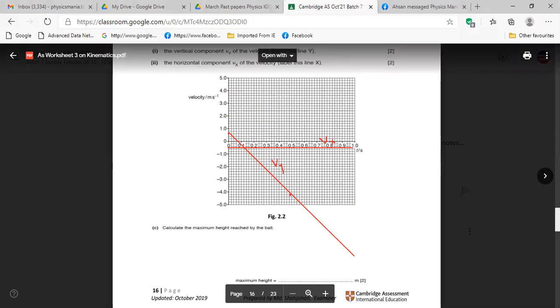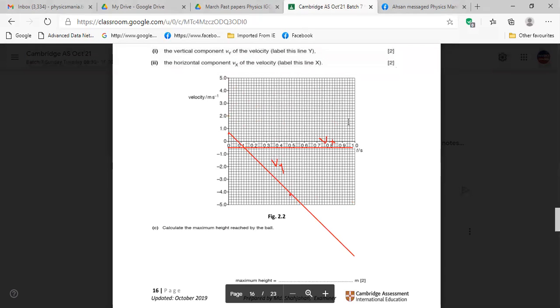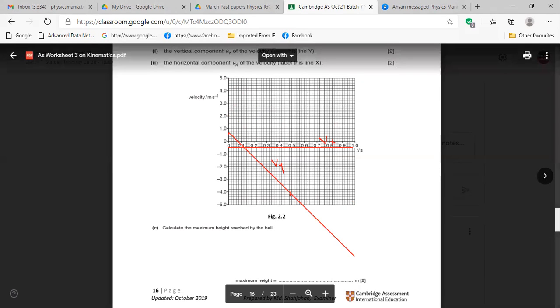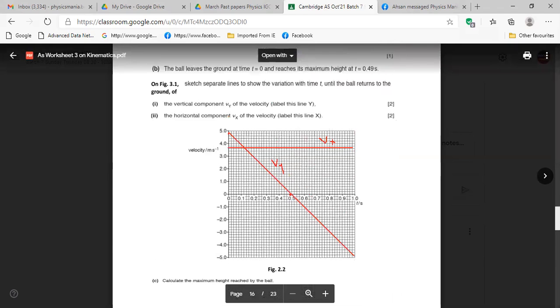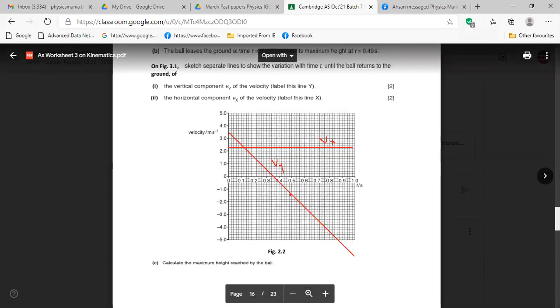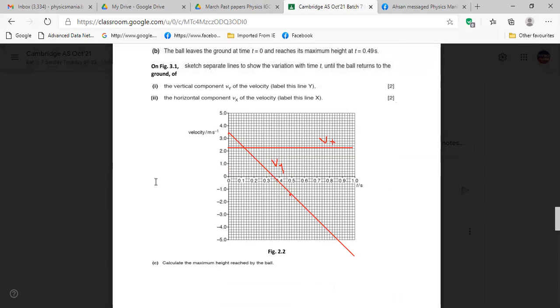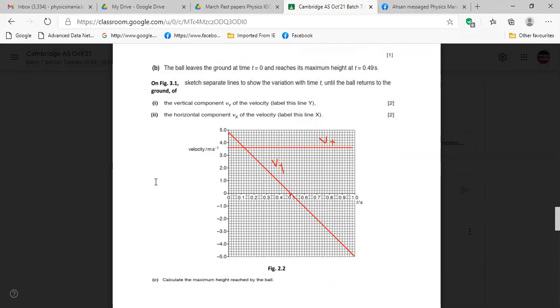Sir, I am a bit confused about Vx. Why the straight line? The line could be in another place also. Where do you want to give it? Tell me. No, I already told you even before drawing that the horizontal component of velocity is 3.6.